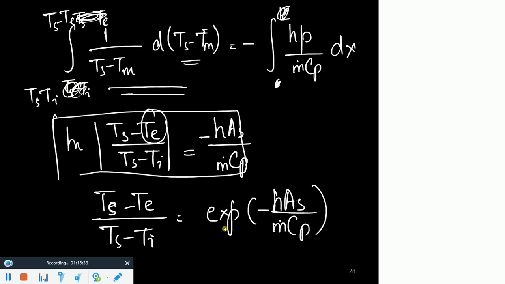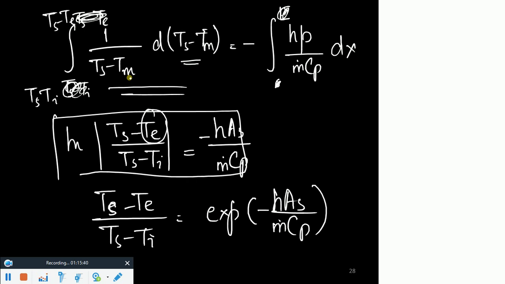This is e raised to power something. So Te would become, Ts minus Te, let's do it in steps just to avoid any error.